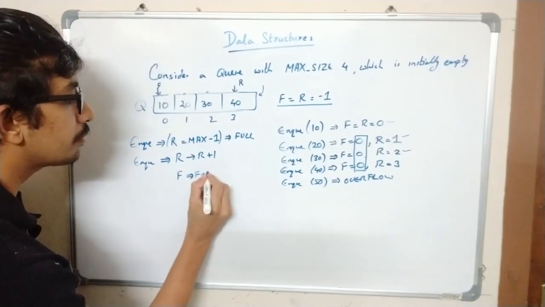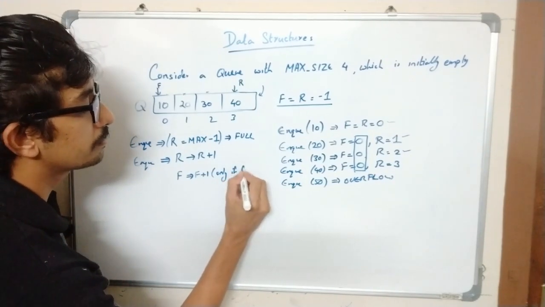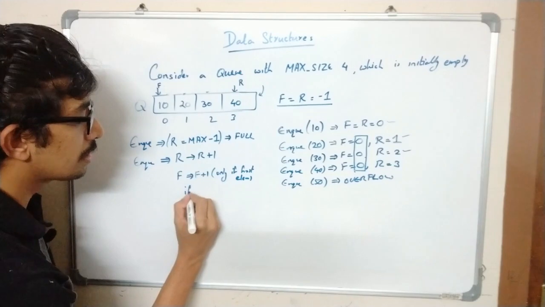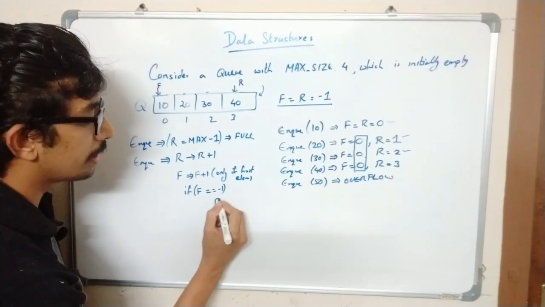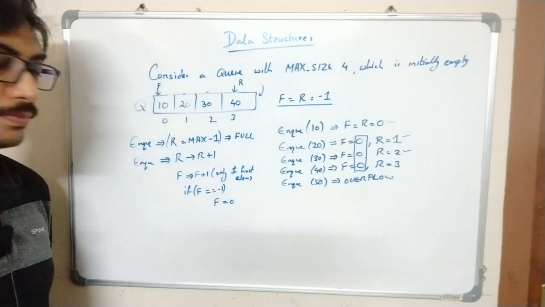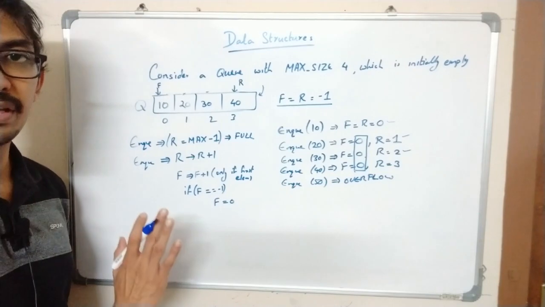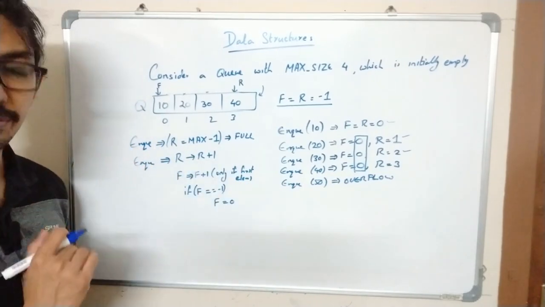Front will be incremented only if it is the first element. Or you can say in other words, if F is equal to minus 1, then F will be made 0. In all the other cases, F will remain constant. There will not be any change for the front value.